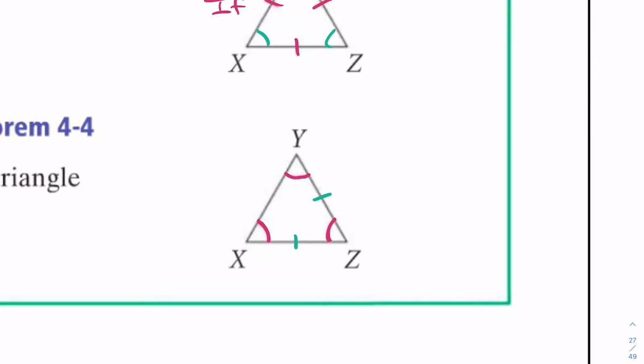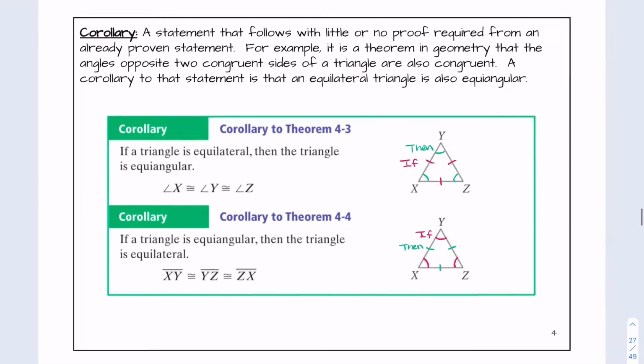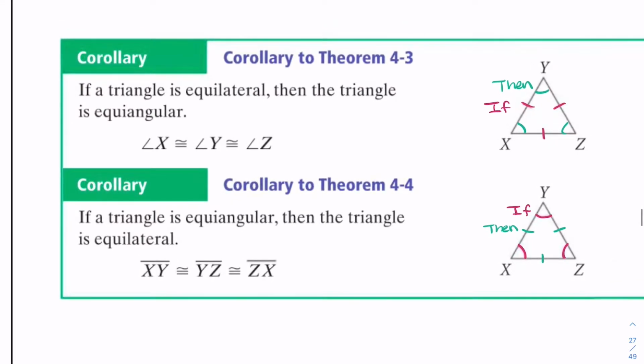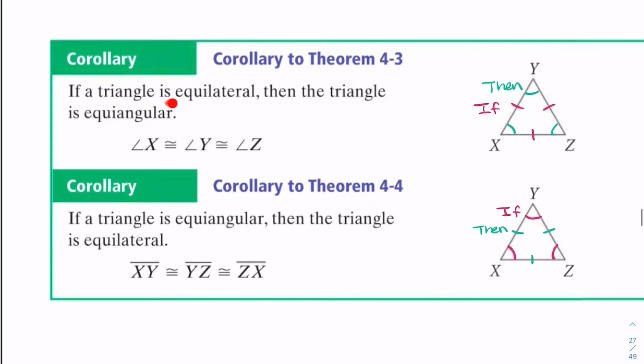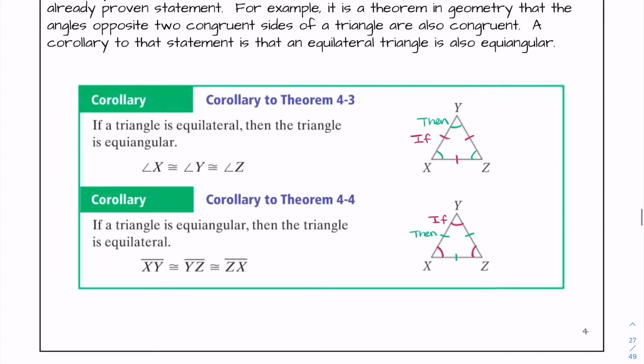Well, now you have a third base angle that's congruent. So what I drew in green is the conclusion, and what I drew in red is the ifs. And those are corollaries. If a triangle is equilateral, then the triangle is equiangular. If a triangle is equiangular, then the triangle is equilateral. And those are our statements that we're able to make from there.